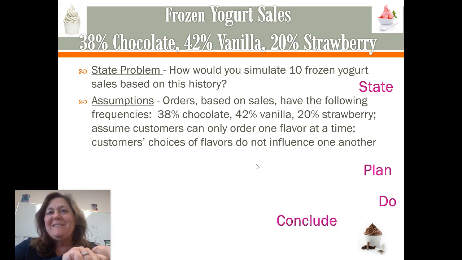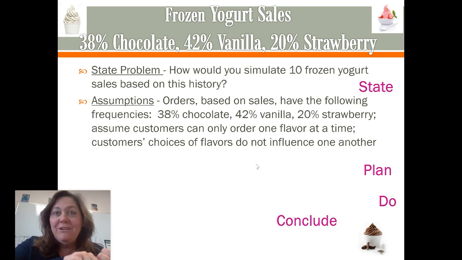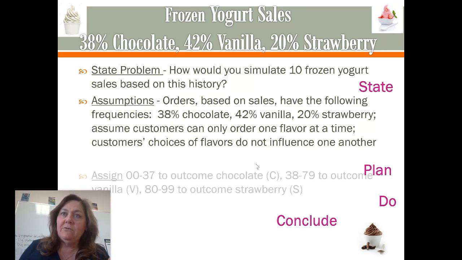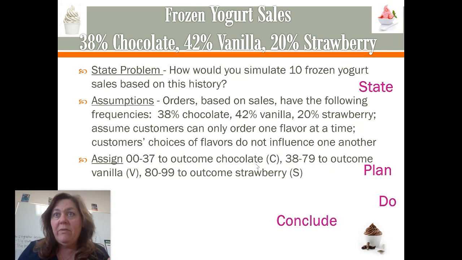Now, obviously, sometimes when you go to ice cream shops or yogurt shops, your friend might try a flavor and say, hey, you need to try this, and they will have some influence on you. But we're assuming that this is purchased without any influence. And any other assumption, like you can only get one flavor at a time, which we know at most yogurt shops you can do more than that.